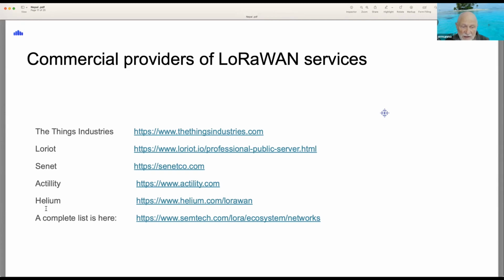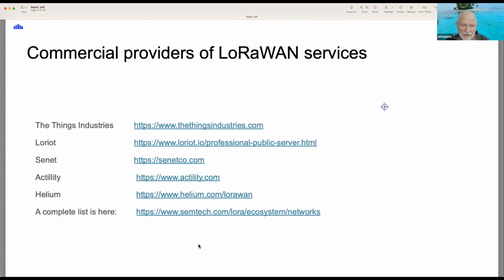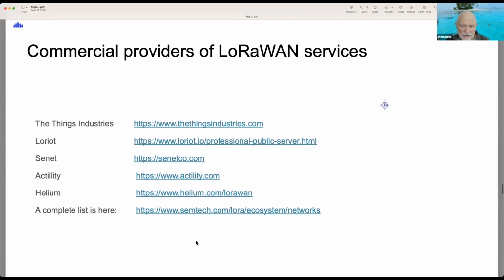In particular, Helium is an interesting one because it has a different approach. Instead of paying with money, you have to pay with their own cryptocurrency-based currency. So you can have the complete list of providers on this website here. Semtech, by the way, is the owner of the LoRa communication technology patent.